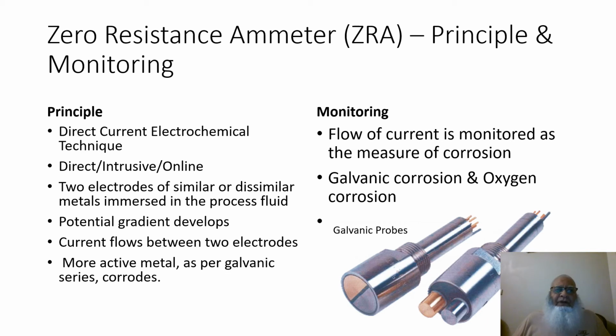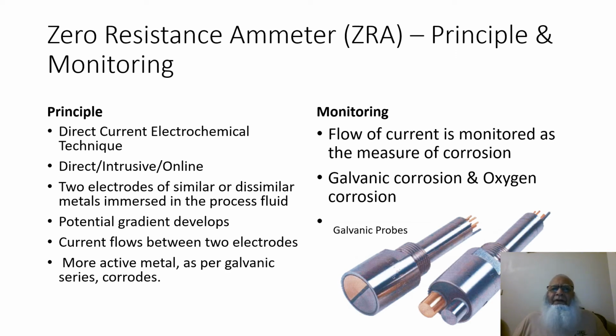Two electrodes of similar or dissimilar metals are immersed in the process fluid. A potential gradient develops because of the corrosion, and current flows between the two electrodes, which is measured by this zero resistance ammeter. Active metals, as per the galvanic series, corrode.